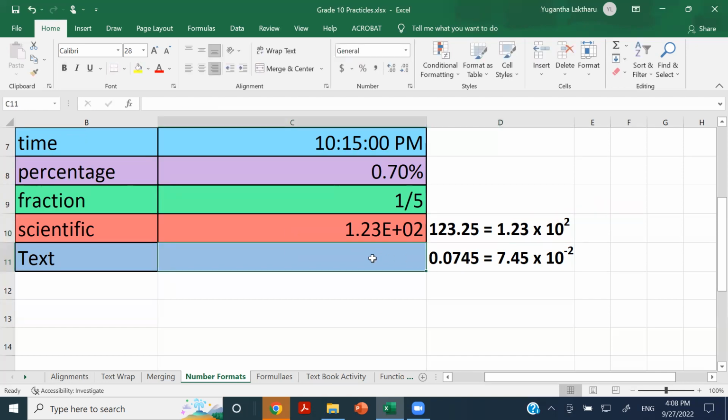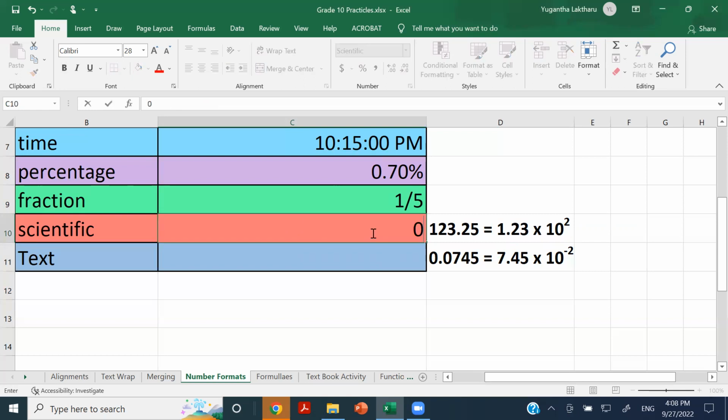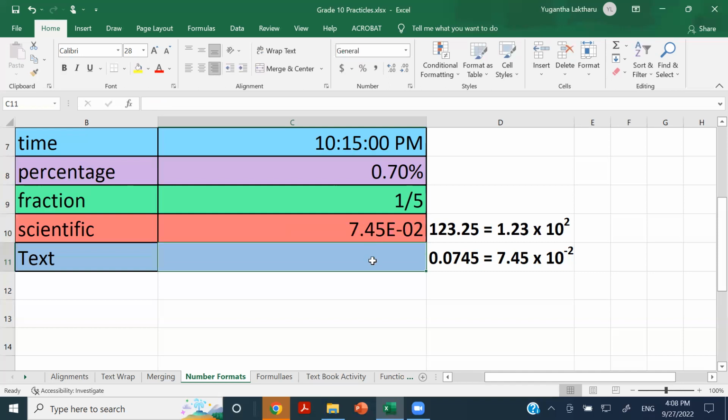Let's try this one. 0.0745. I'm sorry, 0.0745. See, it shows us 7.45 E minus 02.